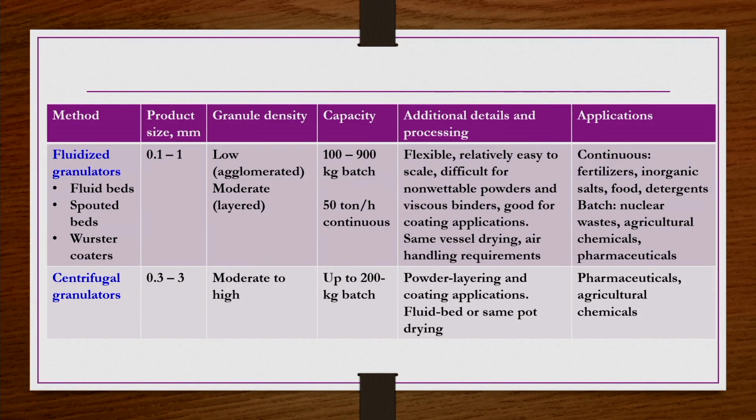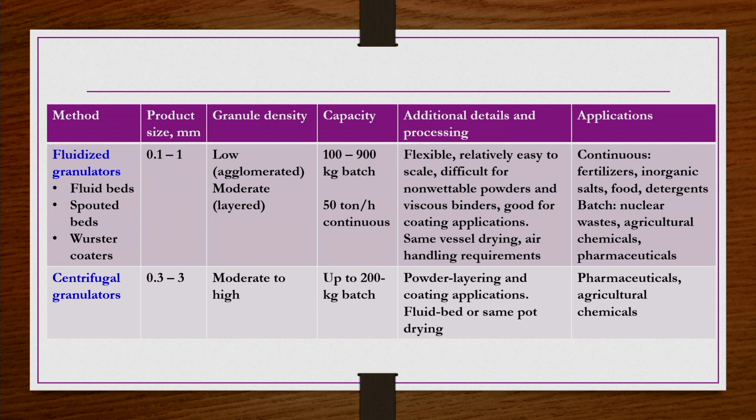Such fluidized granulators we find applications in, if you are operating them in continuous mode, fertilizers, inorganic salts, food, detergents etc. in their processing. The same fluidized bed granulator in the batch mode is in general used for nuclear waste, agricultural chemicals, pharmaceuticals.